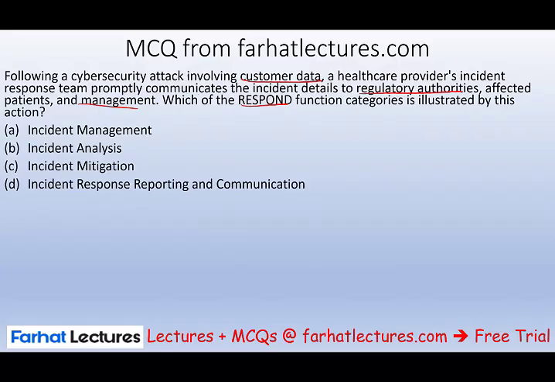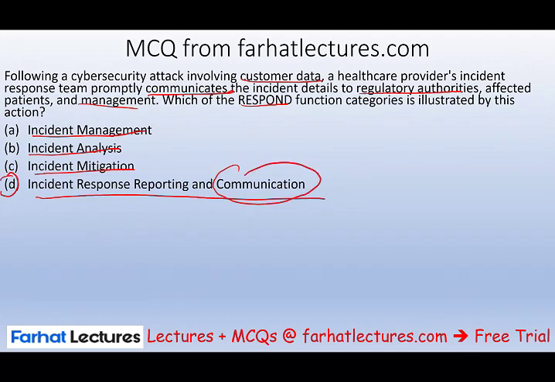Or if you don't know anything, which function helps us promptly communicate the information about this incident to relevant stakeholders or the parties that are affected? Is it incident management, incident analysis, incident mitigation, or incident response reporting and communication? If I have to guess, I will guess D, incident response reporting and communication, because you are communicating in a timely fashion with those affected.